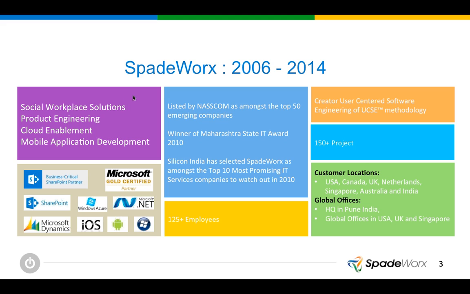Cloud and mobile applications are going hand in hand today when it comes to encouraging and engaging employees in any enterprise organization. We are Microsoft partners and have been chosen one of the very few business critical SharePoint partners last year, and we're very proud of those recognitions from Microsoft.